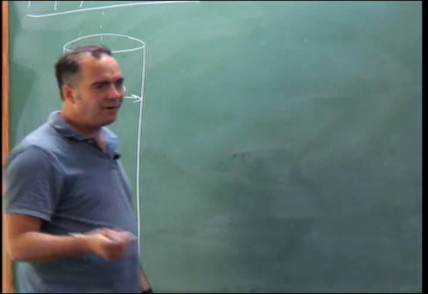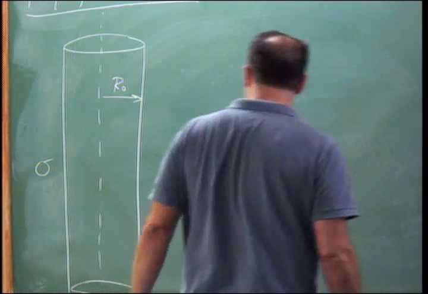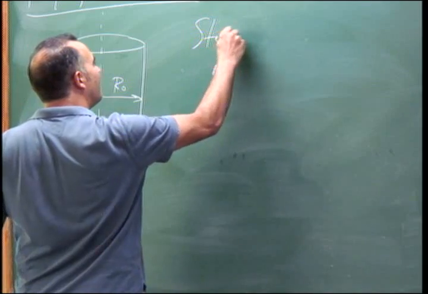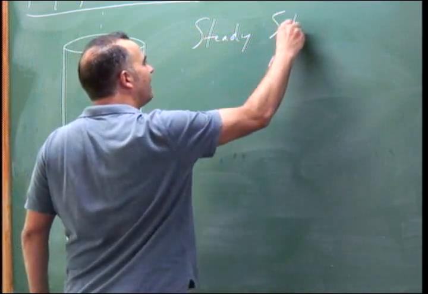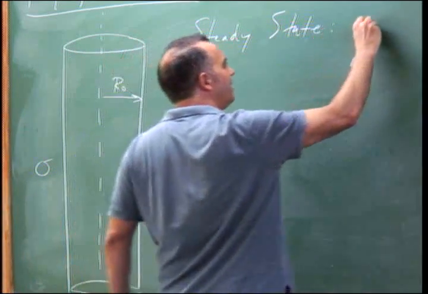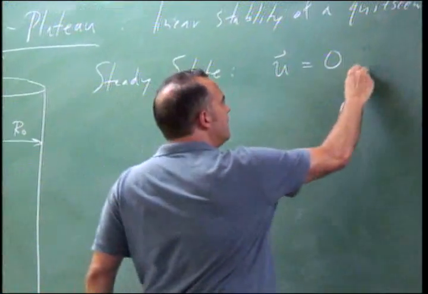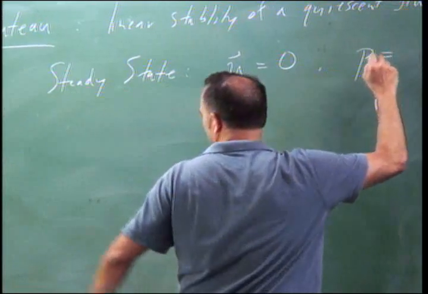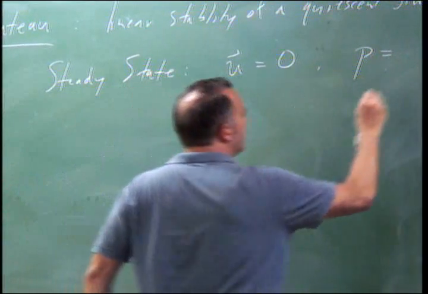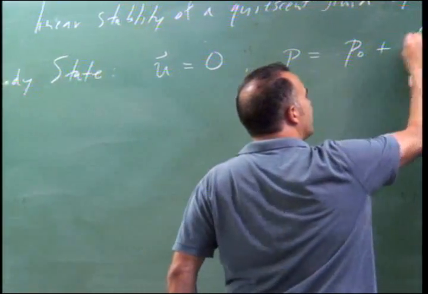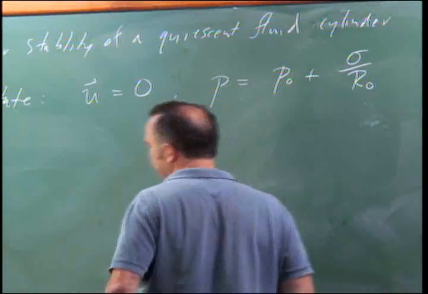Okay, and whenever you do linear perturbation analysis, the first thing you have to do is look at the steady state. So here our steady state is that the velocity field everywhere is 0, and the pressure field is going to be P0 plus sigma over R0. Okay?